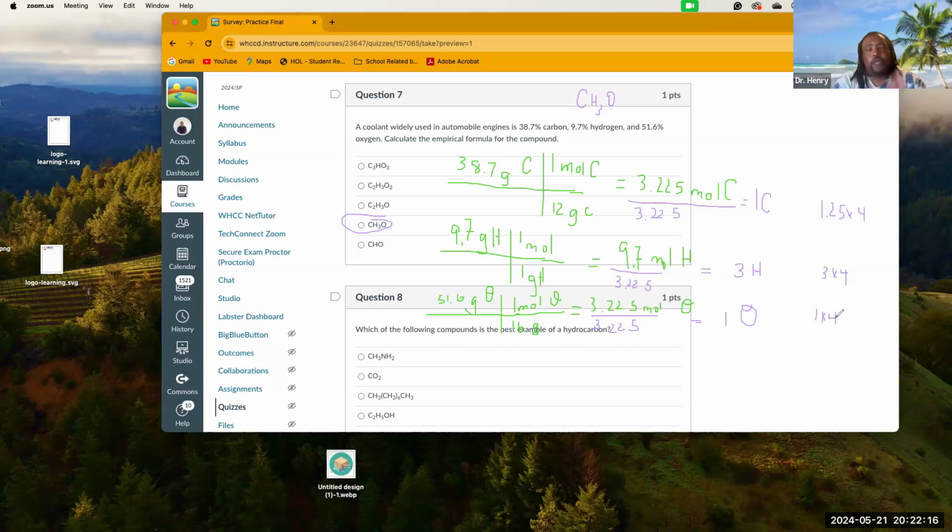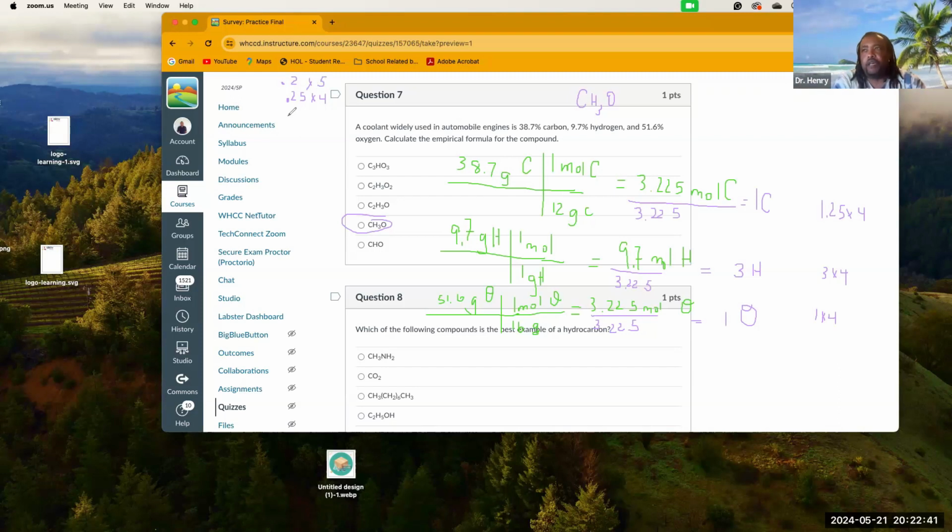Okay, so I'll show you: if it ends with 0.25, you're going to multiply it by 4. If it ends with 0.2, you're going to multiply it by 5. If it ends with 0.1, it's close enough that you can get away with rounding.